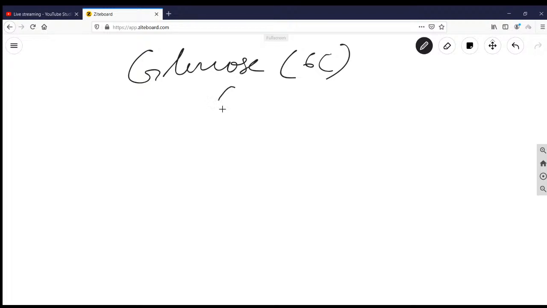Now coming to the 6 carbon, the most famous glucose. The 6 carbon formula is C6H12O6. When you come to the 6 carbon compounds, you have glucose, mannose, galactose, talose, many are there. If you think about glucose only, glucose looks like this.